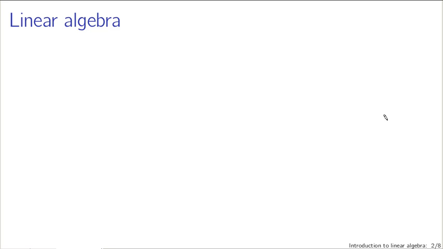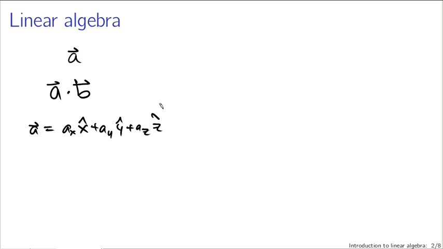To justify why this is useful, I'm going to make a couple of analogies. There are some things that we can say on the basis of vectors. We have vectors, A. We can make dot products between two vectors. We can express a vector A in, say, Cartesian coordinates, ax x hat plus ay y hat plus az z hat.